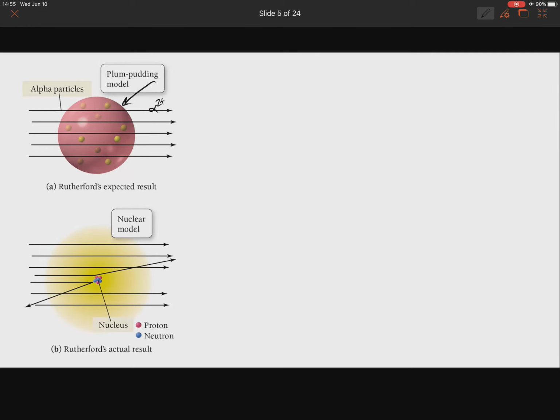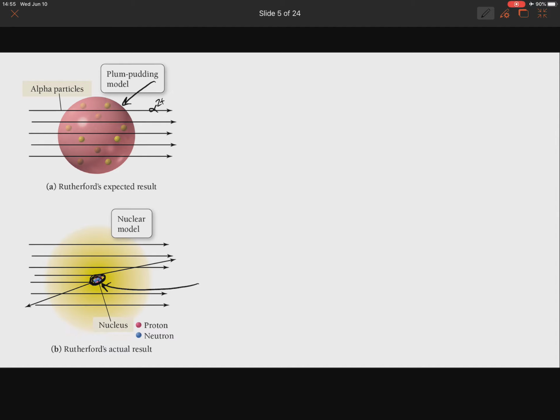But what we ended up seeing was that sometimes it did happen, it did get reflected. And so what that told scientists, and what we believe today, is that most of the atom is empty space, okay? And that all of the charge and all of the mass are actually located right in the center, in a small little bit inside the atom that we call the nucleus.